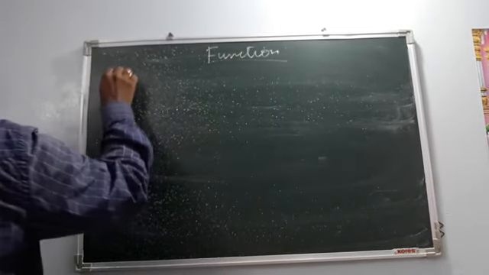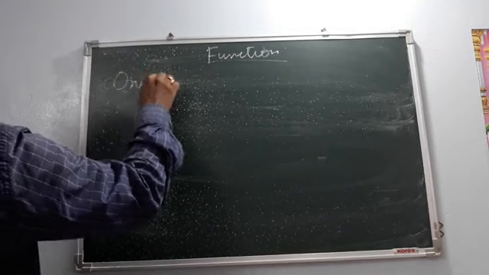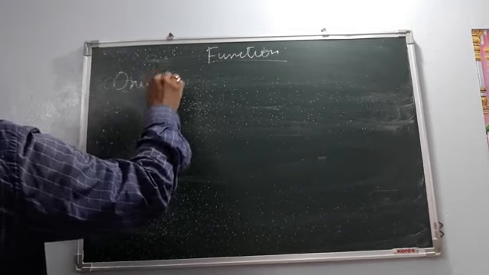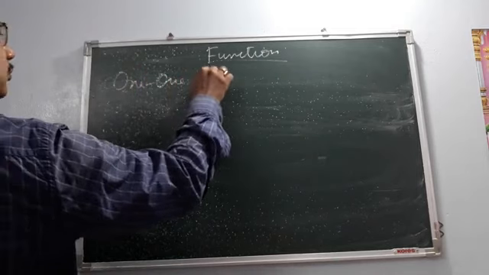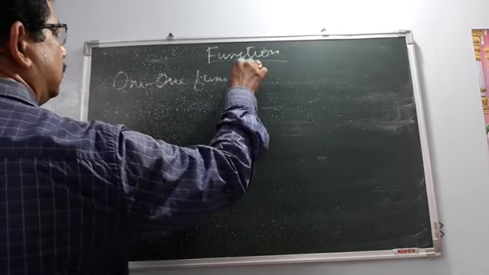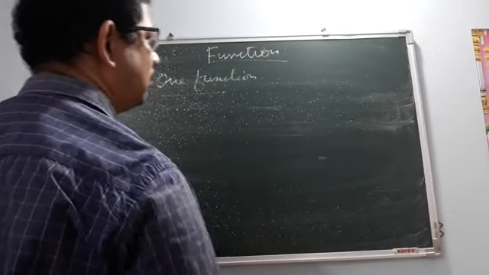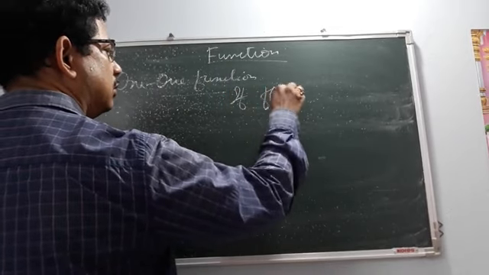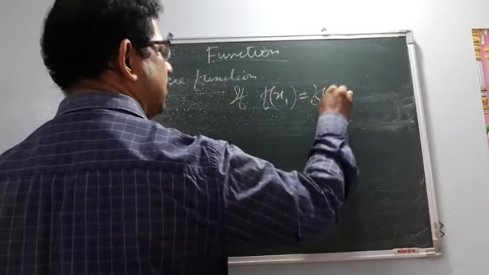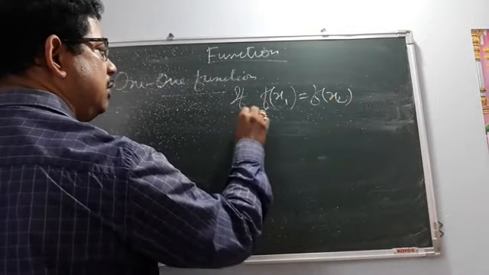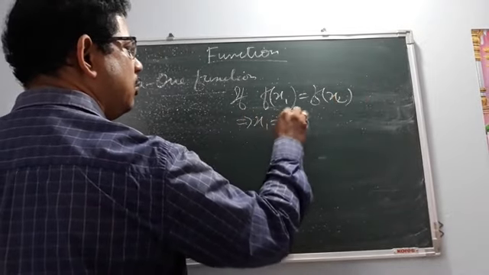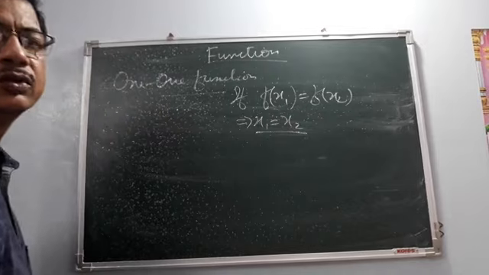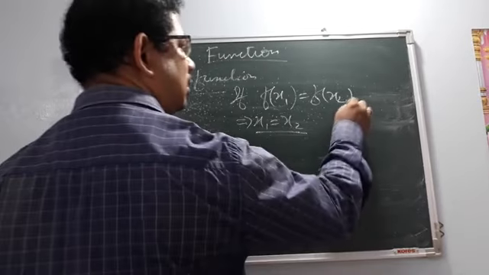Function, it is one-one first. One-one function. Suppose here how to do: if f(x1) is equal to f(x2), and ultimately by calculation if you are able to find x1 is equal to x2, then it is a one-one function.